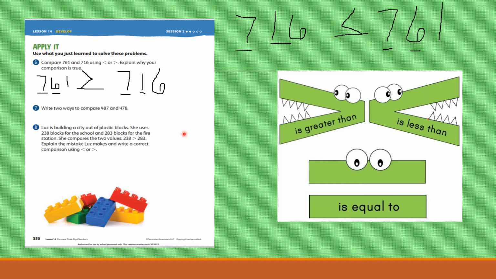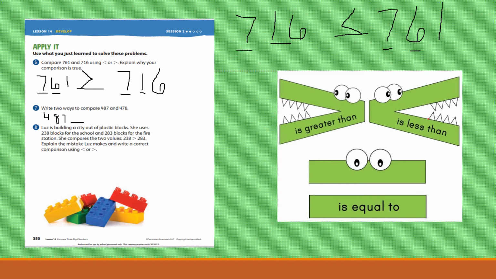All right, now it says write two ways to compare 487 and 478. Well, we kind of just did it with 761 and 716, but we'll do it again. All right, I'm going to write 487.